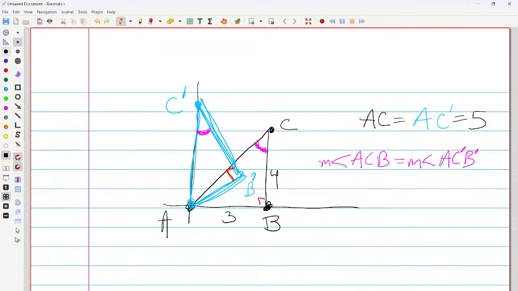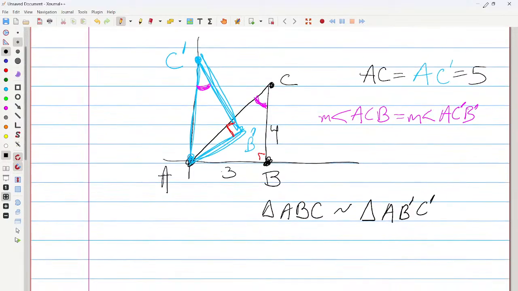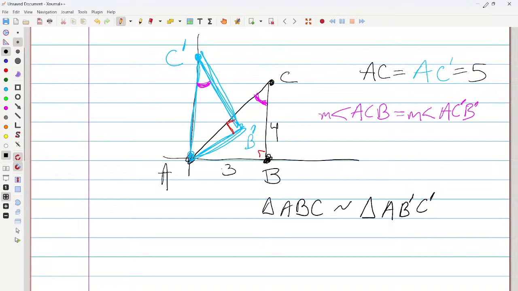And now a little insight here. Triangle ABC is similar to triangle AB prime C prime. Okay. What else do we have?